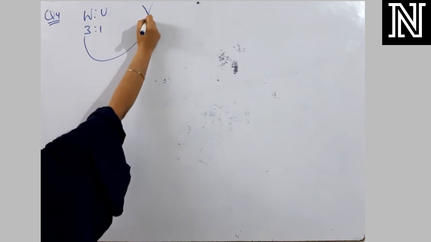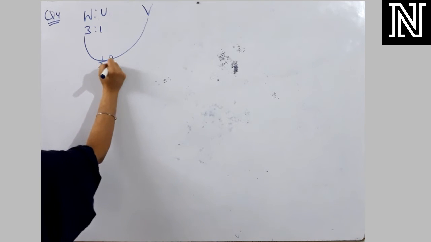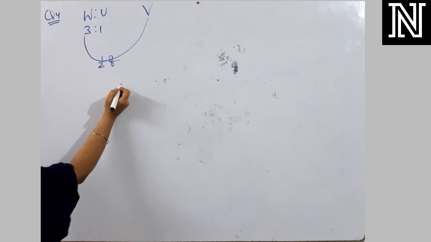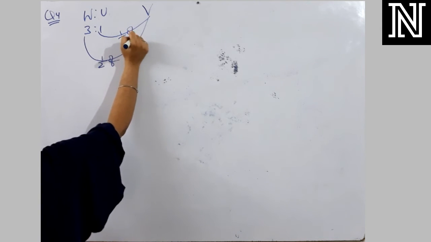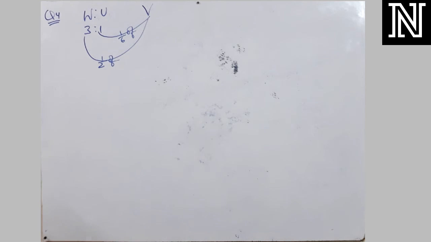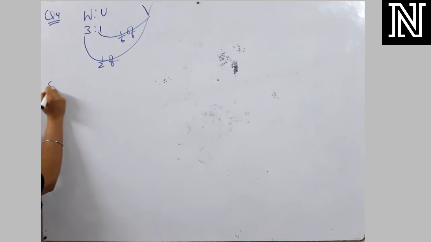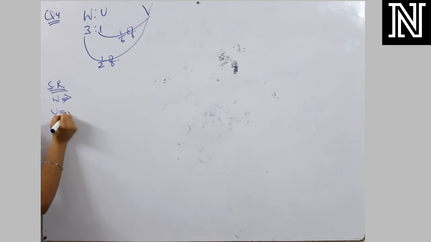W surrenders half of his share and U surrenders 1/6 of his share. So see what to do in this condition. Here something is different compared to the last sum. Here the new partner share is not given. So how are we going to calculate the sacrificing ratio of W and U?